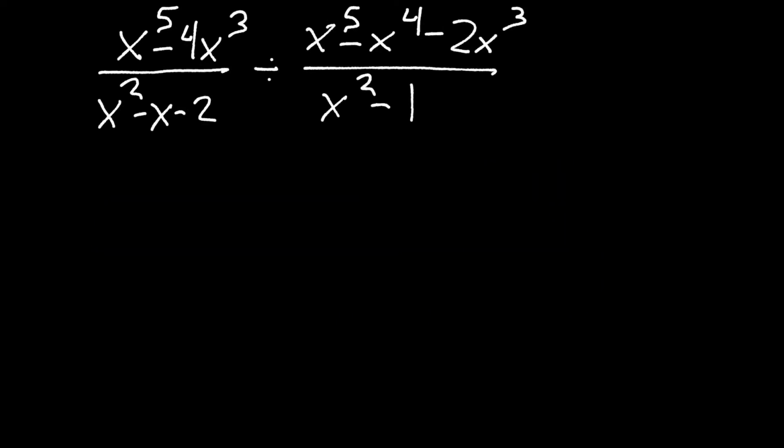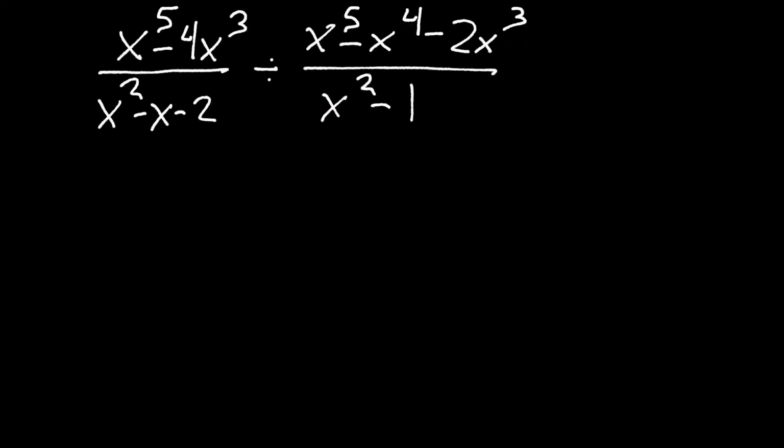Alright, we have a particularly nasty example here, but if you can handle and understand what we're doing in this example, there's really not too much that can stop you. We have x to the fifth minus 4x cubed over x squared minus x minus 2 divided by x to the fifth minus x to the fourth minus 2x cubed all over x squared minus 1.